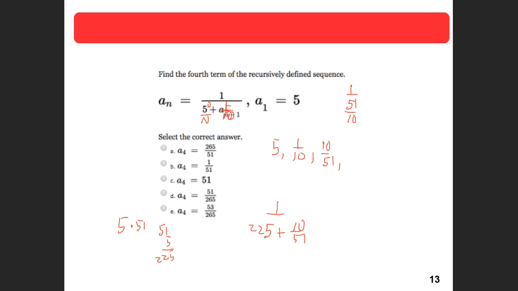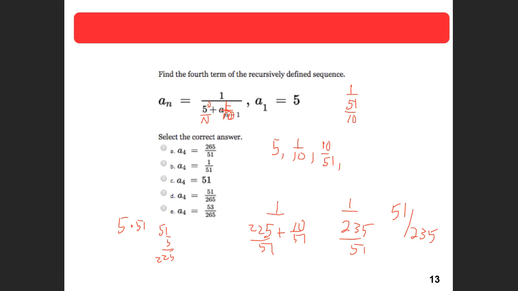So 225 over 51. So that gives me 235. So 1 over 235 over 51, which if I flip it over, is 51 over 235. Oh boy, I messed up something because that is not the right answer. Yikes. Shouldn't it be 255?